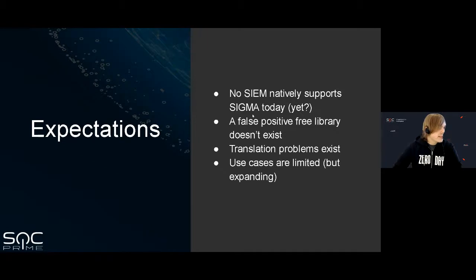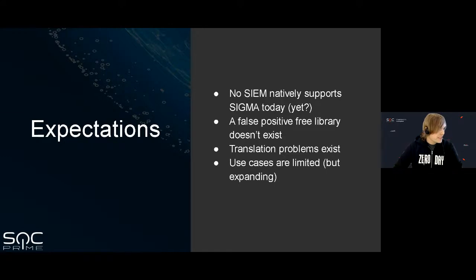That would be really awesome, if we didn't have to worry about Sigma as a meta language and its translations, and vendors just said, hey, we natively accept Sigma, you can upload your Sigma rules and it goes into our native language, and you don't have to worry about running your own translations. From my understanding, I haven't seen a SIEM do it. Maybe I'm wrong. You can post it in the Q&A, which is open.